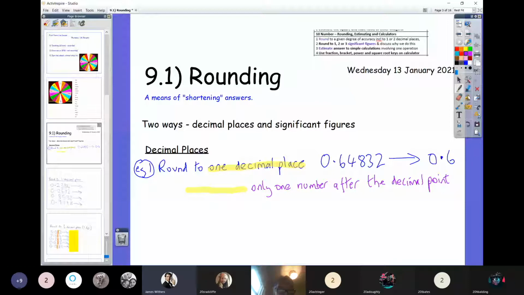Or you could be asked, so example number 2, something a little bit more accurate, and the question might ask you to round to 2 decimal places.